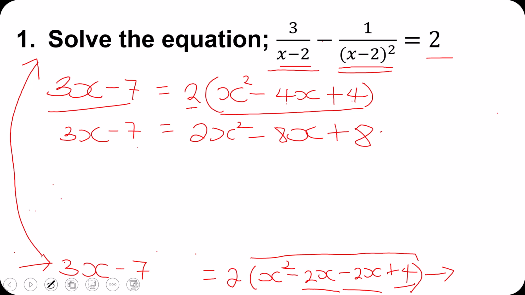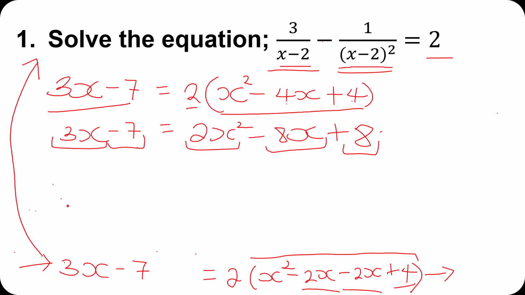So when you reach on this step, you collect like terms, you realize that we have a 3x, which is similar to this 8x, and then 2x squared has nothing similar to it, but negative 7 is similar to 8. So we collect like terms together.